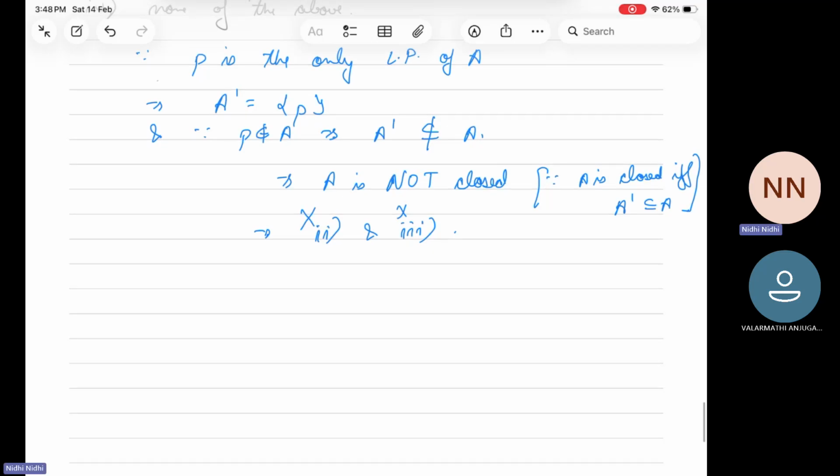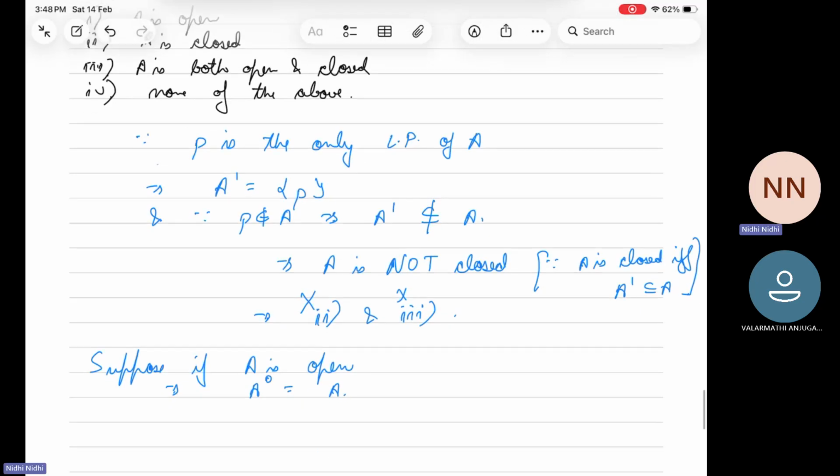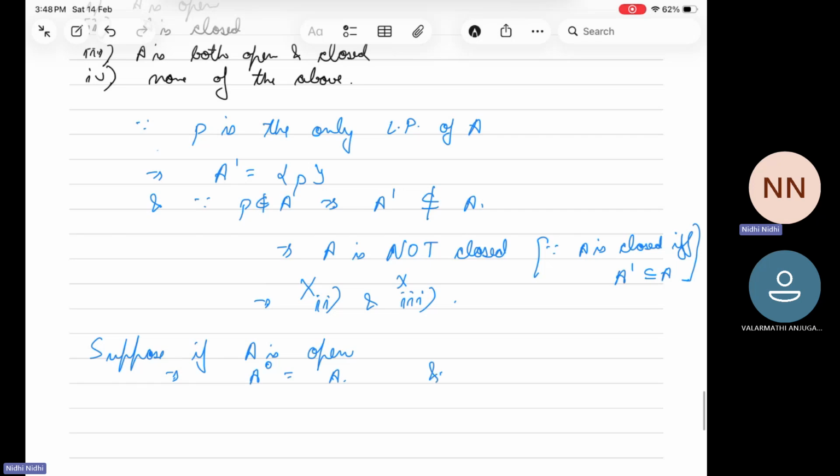Now suppose A is open, then A naught is equal to A. That means all of its points are interior points, and A complement, which is R minus A, is closed. Because we know that the complement of a closed set is open, and the complement of an open set is closed.